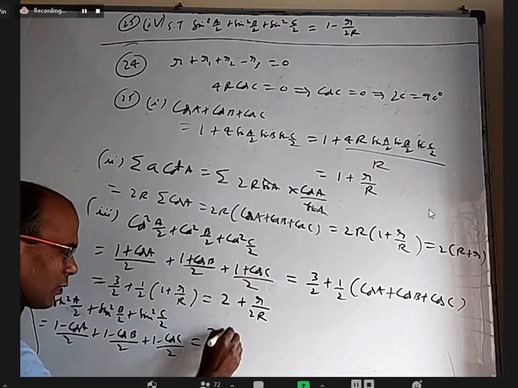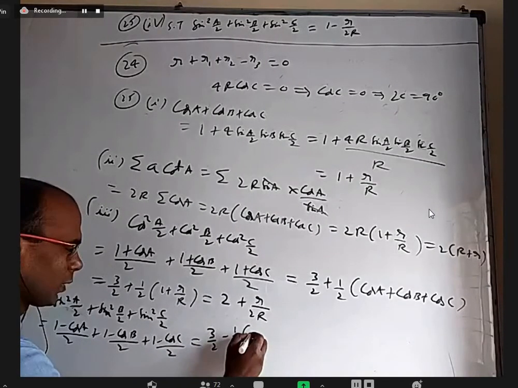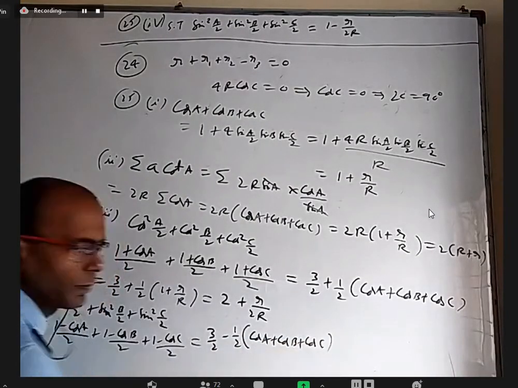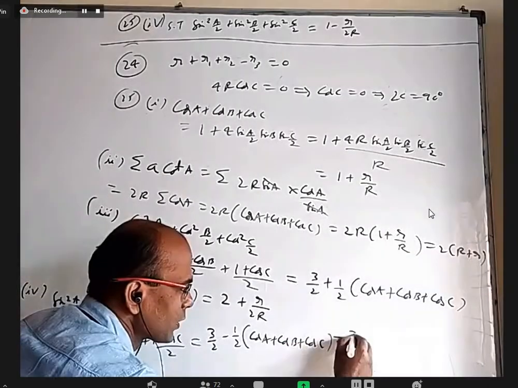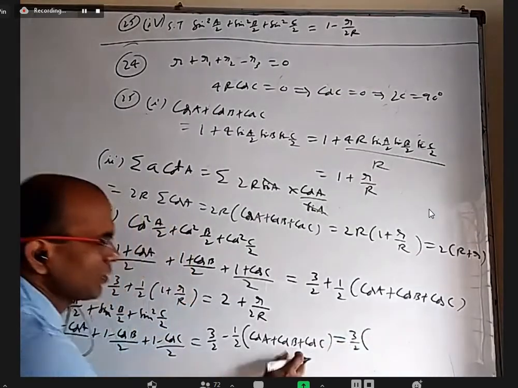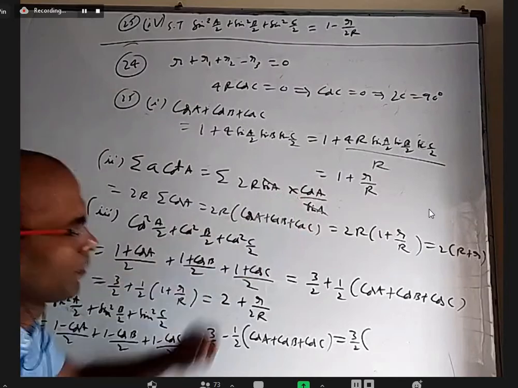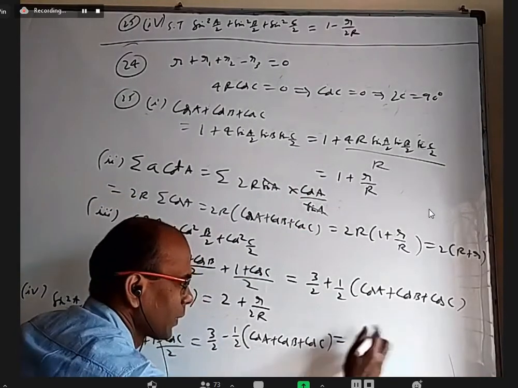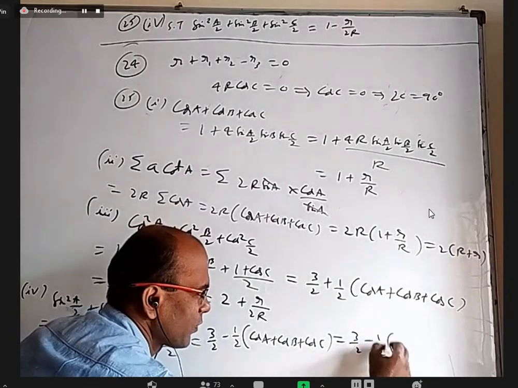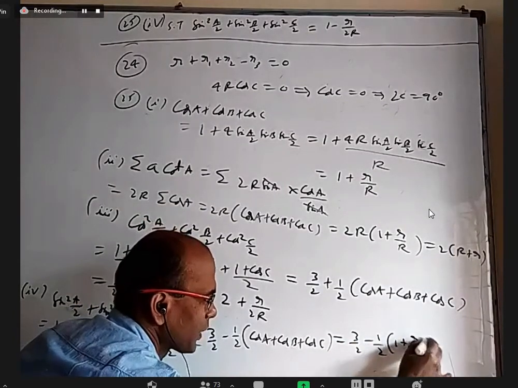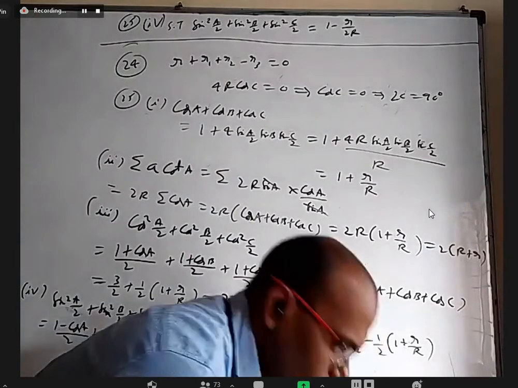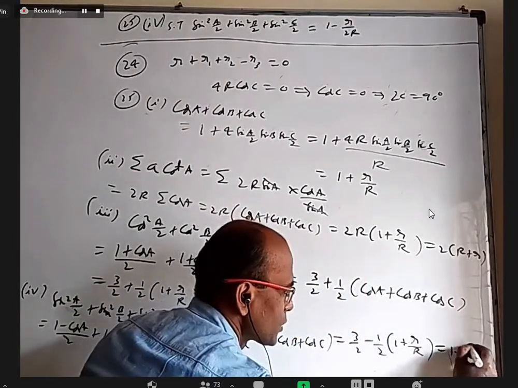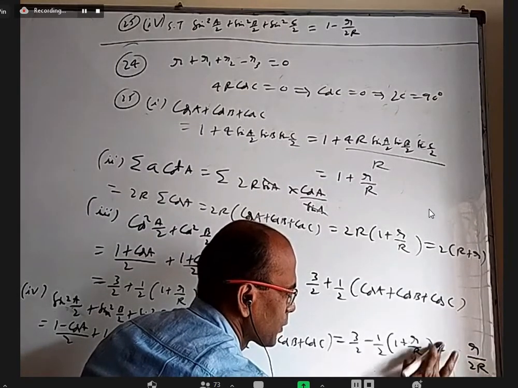That is 3 by 2 minus half into cos A plus cos B plus cos C. And cos A plus cos B plus cos C is already proved as 1 plus small r by capital R. So 3 by 2 minus half into 1 plus small r by capital R. 3 by 2 minus 1 by 2 is 1, and this into this is small r by 2 capital R.